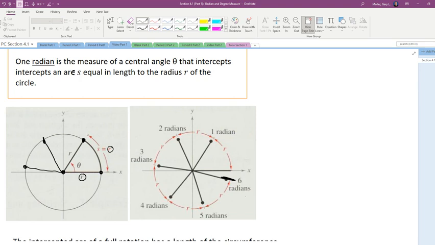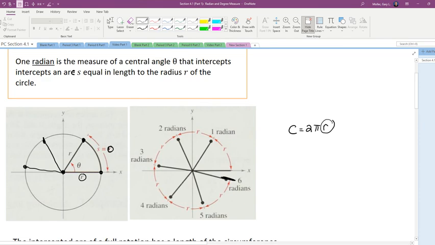So why is this a better method? Well, if we think about this, the arc length that we're talking about here, r, if we wrap all the way around a circle, then how many r's go around one circle? In other words, we know that a circumference is equal to 2 pi r. So how many r's wrap around a circle?